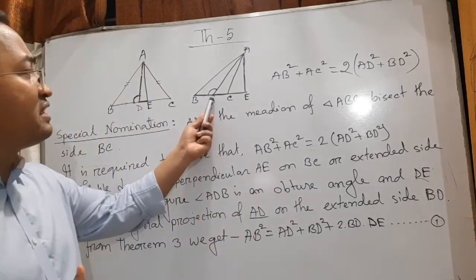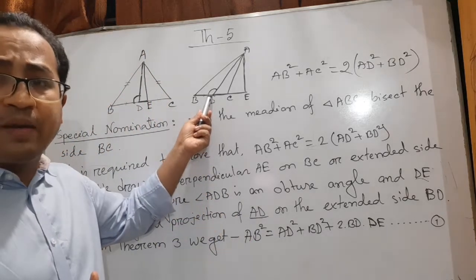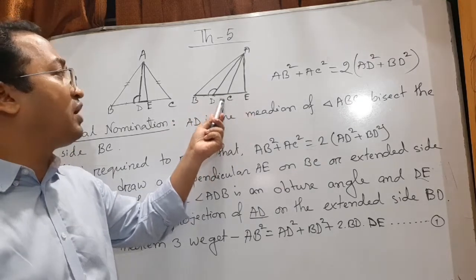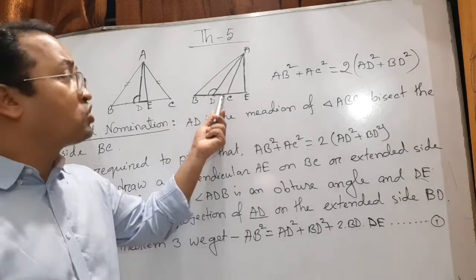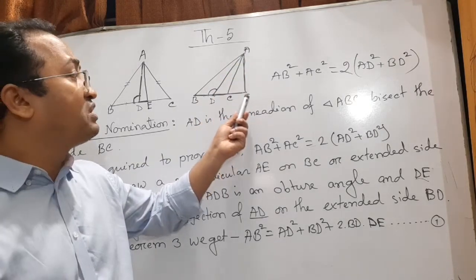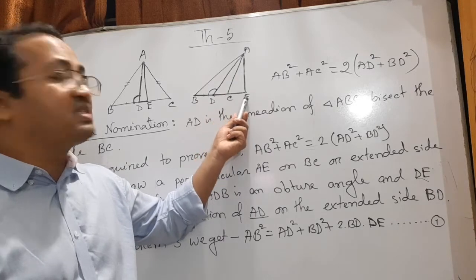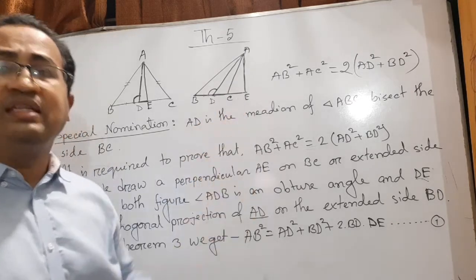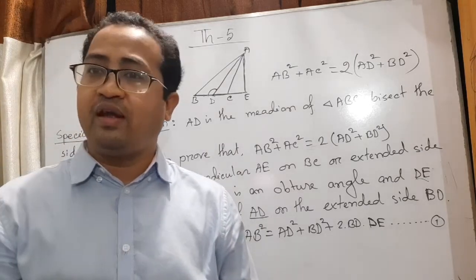But here, do we need to draw a perpendicular from D to BC? It is not possible because D already coincides with BC. So we need to draw a perpendicular from A to BC, which cuts the extended line of BC at E. So DE is the orthogonal projection of AD.